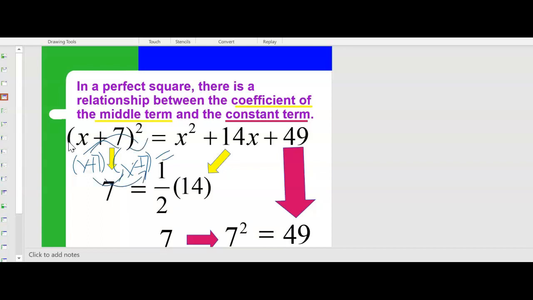So x times x gives you x squared. x times 7 gives you 7x. And 7 times x gives you positive 7x. 7 times 7 gives you 49. And combine like terms in the middle. 7x plus 7x gives you 14x. So x plus 7 squared equals this.